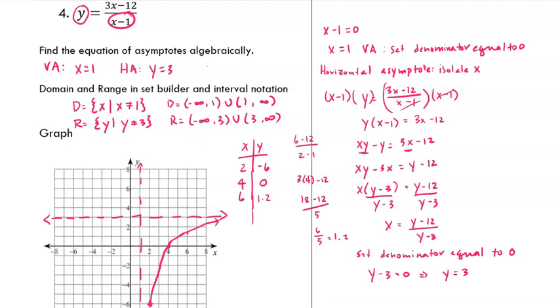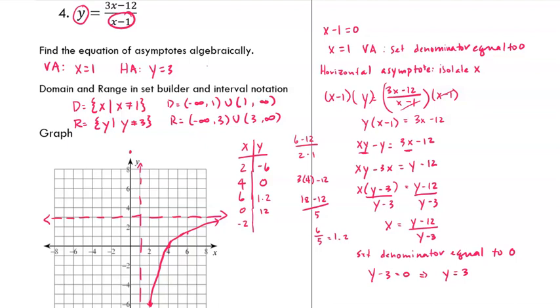Okay, let's put 0 in there. Negative 12 over negative 1, that's 12. So 0 and 12. It's going to be off the charts right here. Let's put a negative 2 in there.